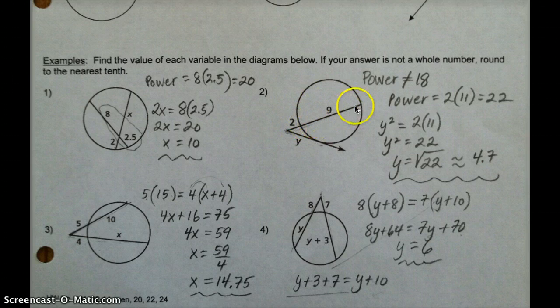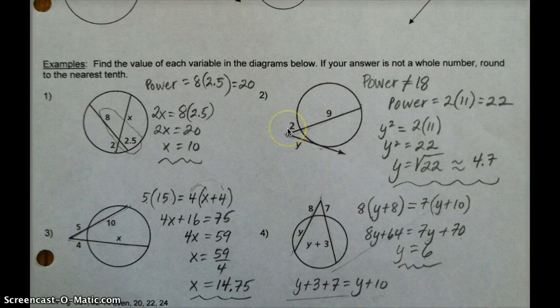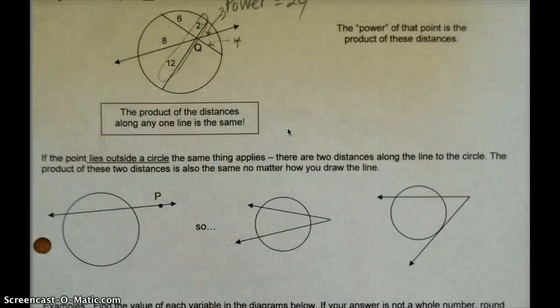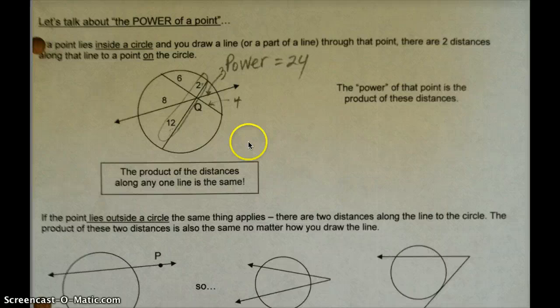So we need the length of this whole thing because, again, if we go back up here, the power is the product of these distances. What were these distances? 2 distances along that line, from that point to a point on the circle. So this point Q to the point on the circle.